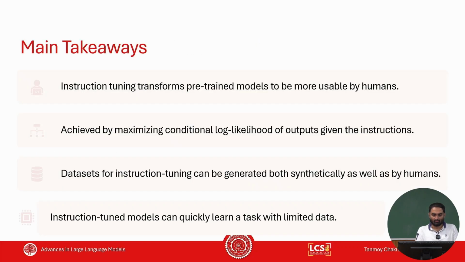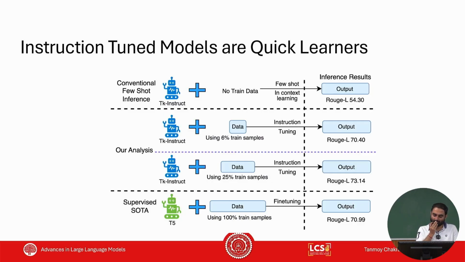Okay, all right. So if you look at the side effects of instruction fine-tuning, it not only helps the model understand the human instruction, but they also showed in different papers that you do not need a lot of data for instruction fine-tuning.